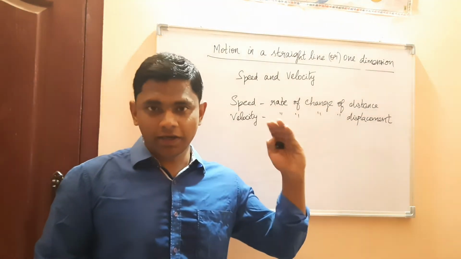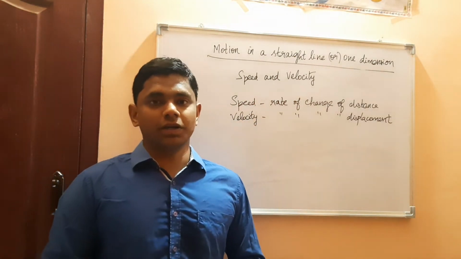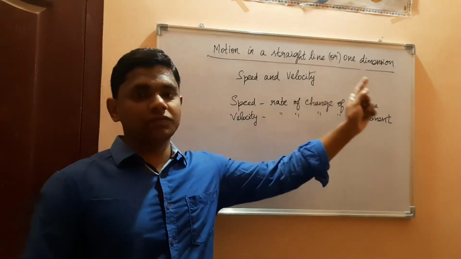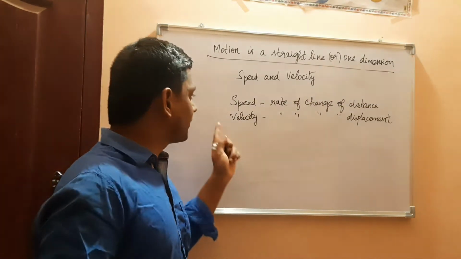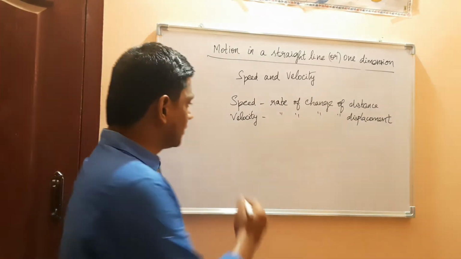The major difference here is speed is a scalar quantity and velocity is a vector quantity, because speed involves the rate of change of distance, which is a scalar, and velocity involves the rate of change of displacement, which is a vector quantity.